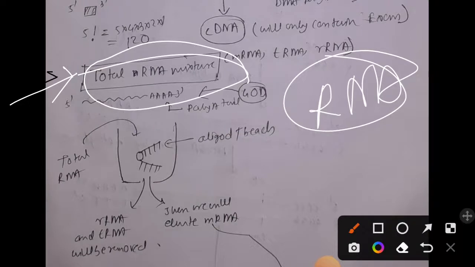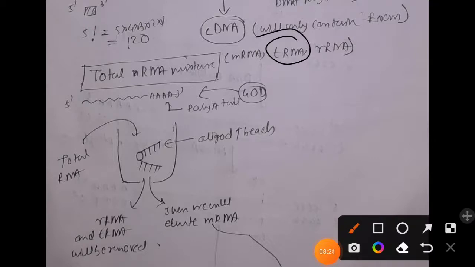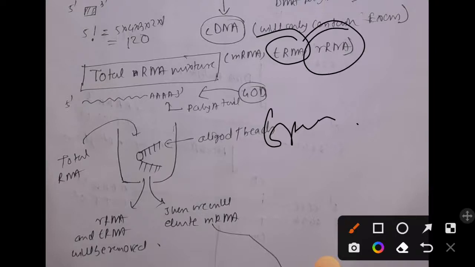Now let me tell you that RNA is not only of mRNA type. There are also various kinds of RNA present. For example, we have tRNA, that is our transfer RNA, which plays an important role in protein synthesis, and ribosomal RNA, which also helps in protein synthesis, right?